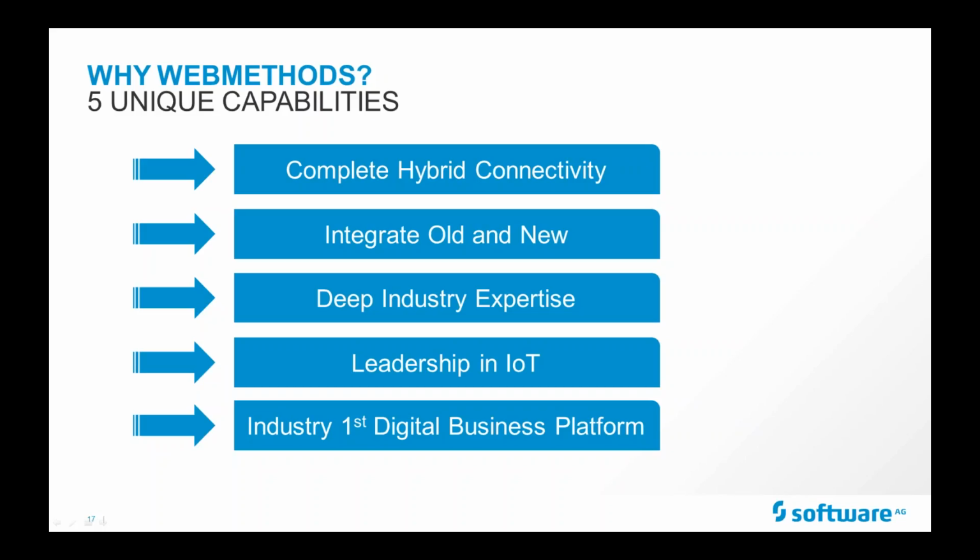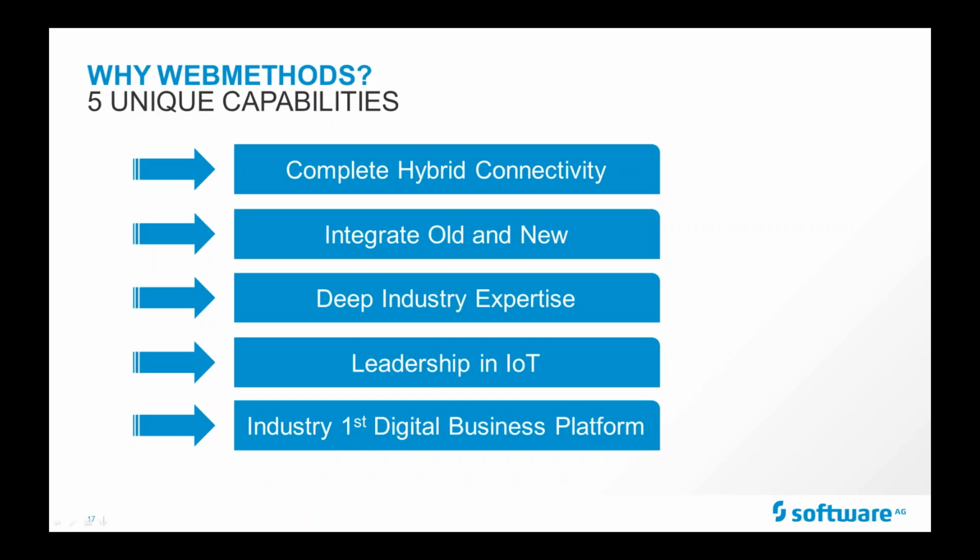Some of the examples I just talked about had cases where you wanted to preserve your older systems, but at the same time you wanted to integrate them with the newer ones. So some integration tools will integrate with old systems very well. Some integration tools will integrate with new systems very well. Some integration tools only connect cloud systems, but you really want an integration platform that connects old and new and also is ready for future.